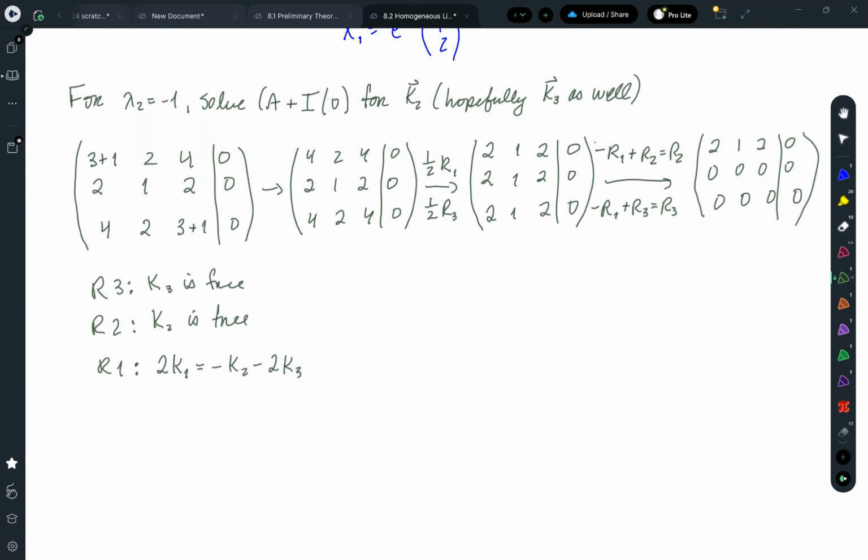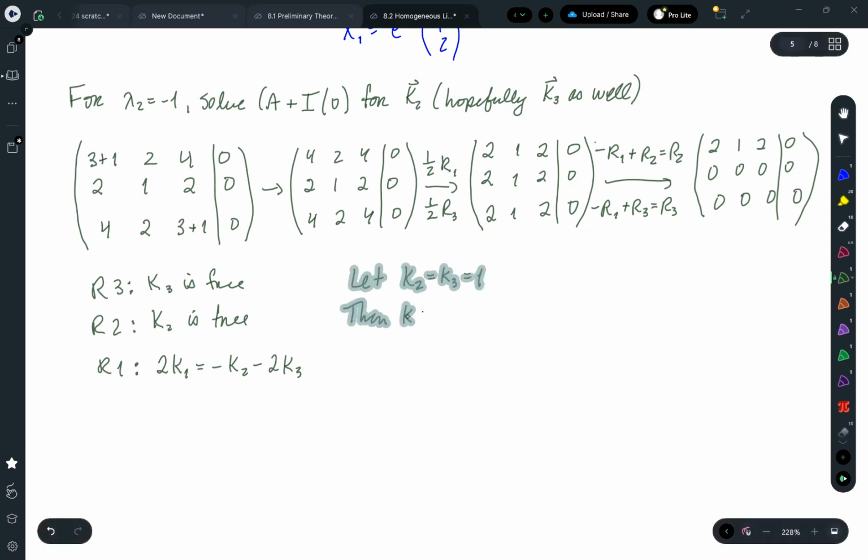Okay? So what we can do is let K1 and K2 be any value that we want to. I could choose them to be 1 and 1. That's totally fine. So we're going to let K2 equal K3 equal 1. Then K1, oops, hold on.